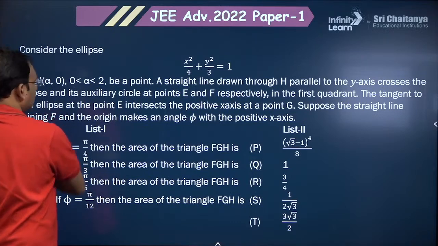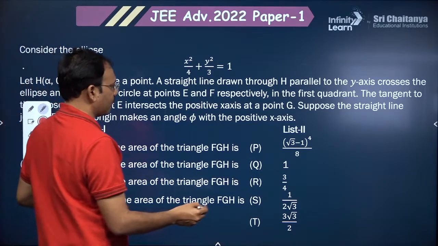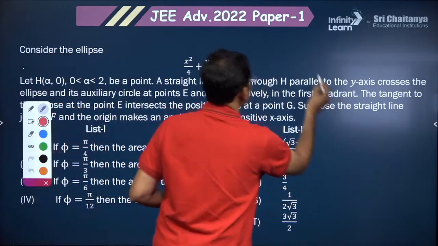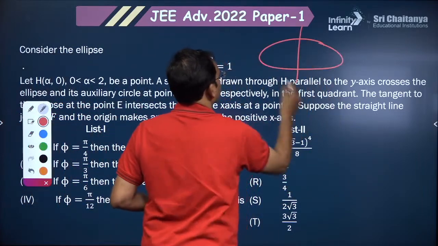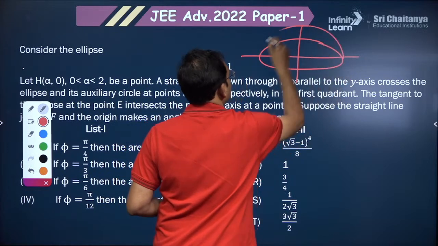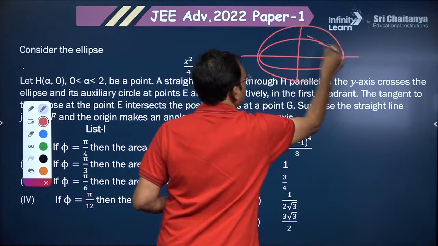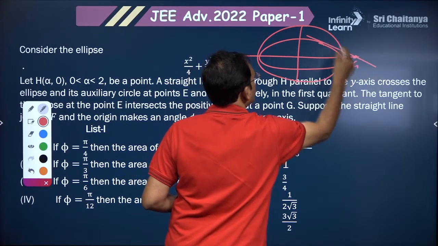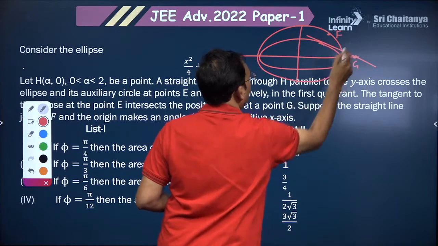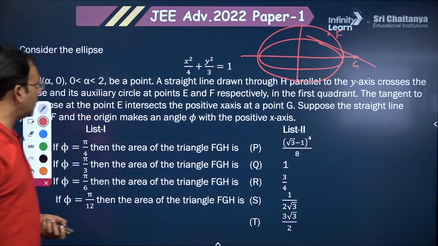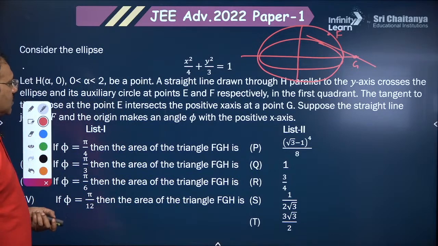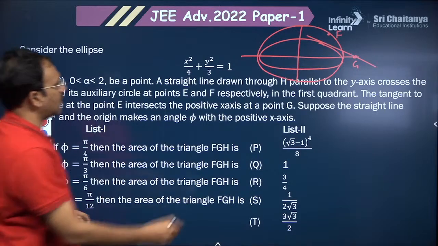Just now we have taken, dear students, this is the ellipse, this is the auxiliary circle, this is the tangent drawn, this is G, this is F. FG, what is the other one? H. What is this H? You can just see. According to this question, H is this point alpha comma 0.